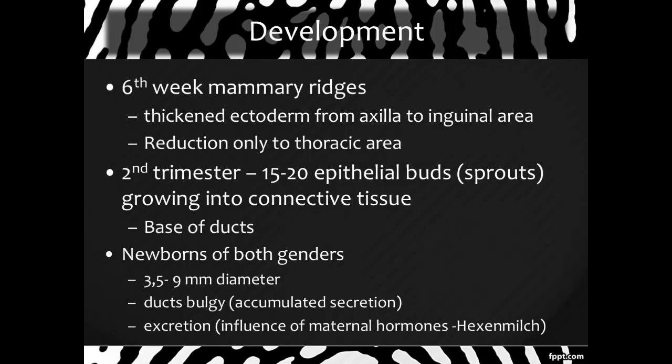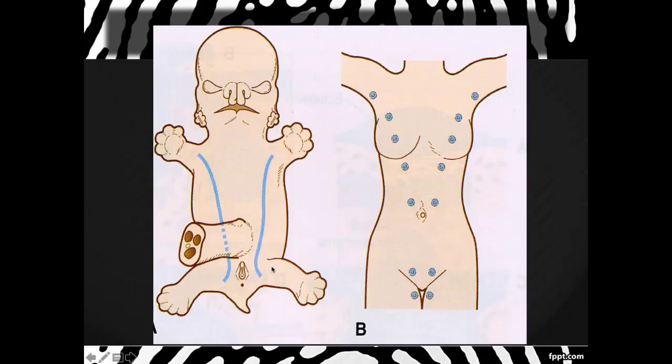So sometimes the ducts are bulgy with the accumulated secretions, and just after the delivery of the baby, there can be observed the excretion from the nipple of the newborn, which is called hexenmilch. It's like the witch's milk, which is secreted under the influence of maternal hormones.